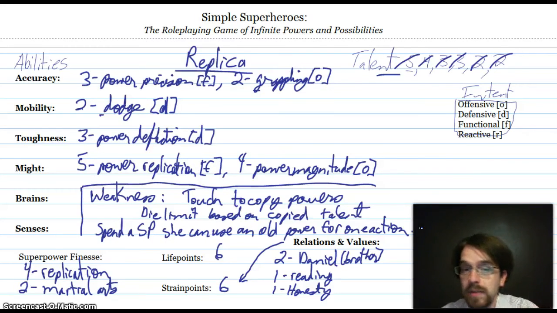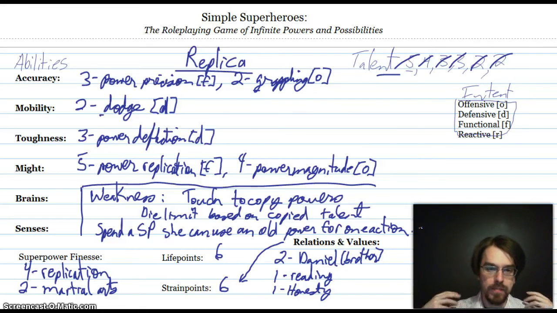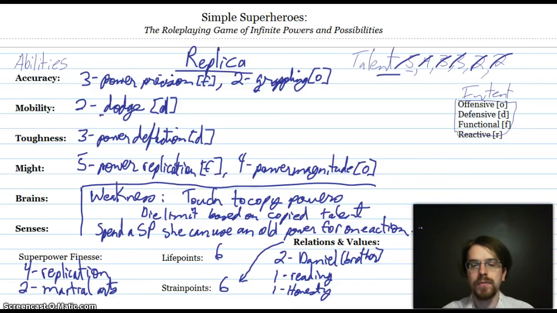So, a fair amount of limitations on Replica, but a huge range of things she can do just based off of being able to copy people. So there's some elements in this sort of character that riffs off of what a character who has magic and can just create all sorts of different effects because, magic, or is a brilliant tech inventor and is also always creating these wacky devices.